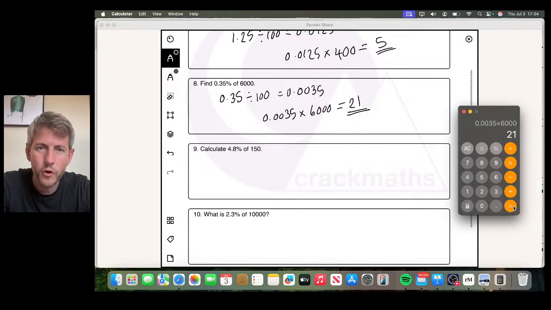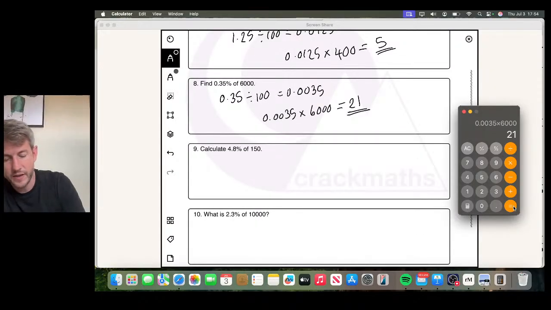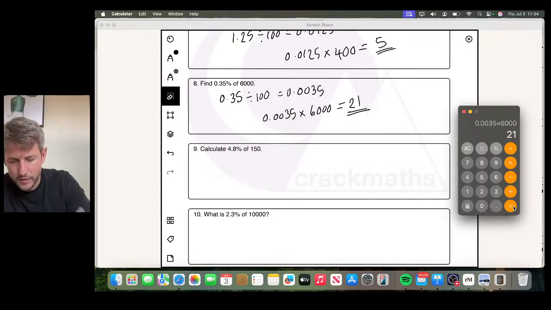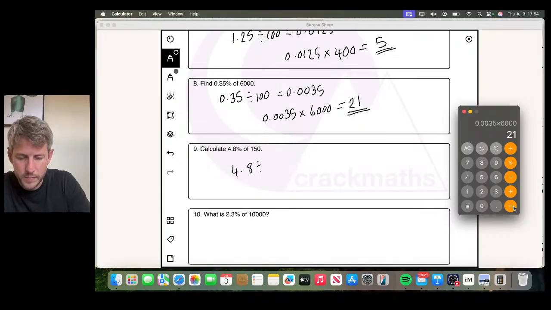Next one, we've got calculate 4.8% of 150. So we've got 4.8 divided by 100, and that'll equal 0.048.